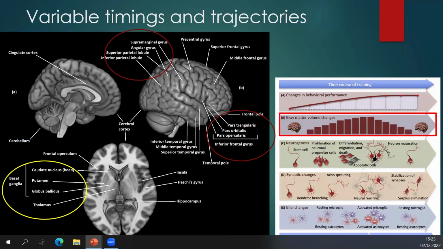So imagine that if you teach people a difficult word, they go for a theory exam kind of thing, for example. Would you expect to find the same changes in similar brain regions?